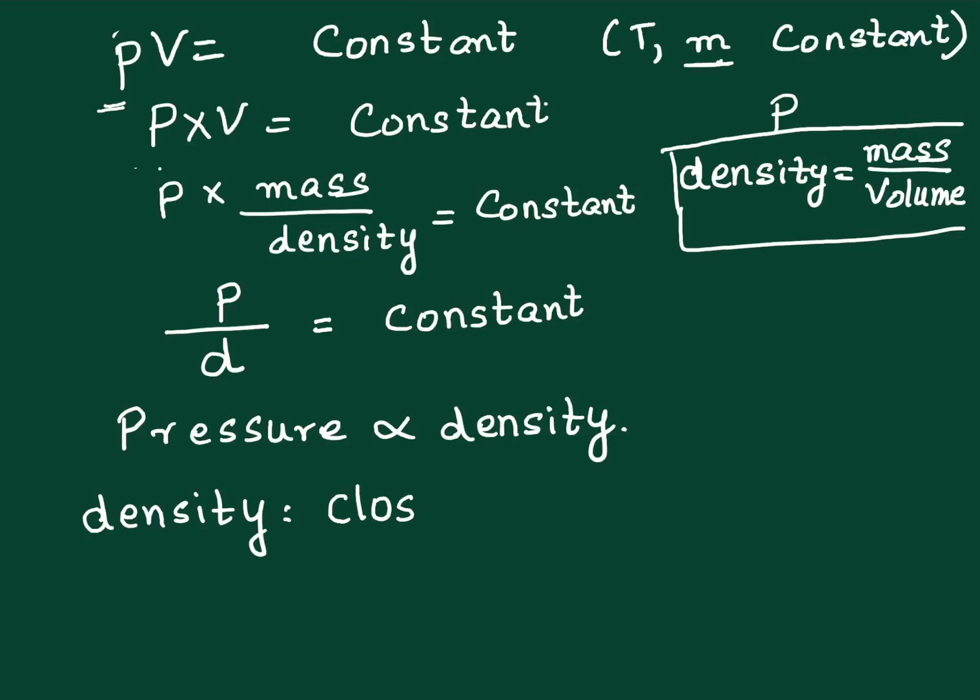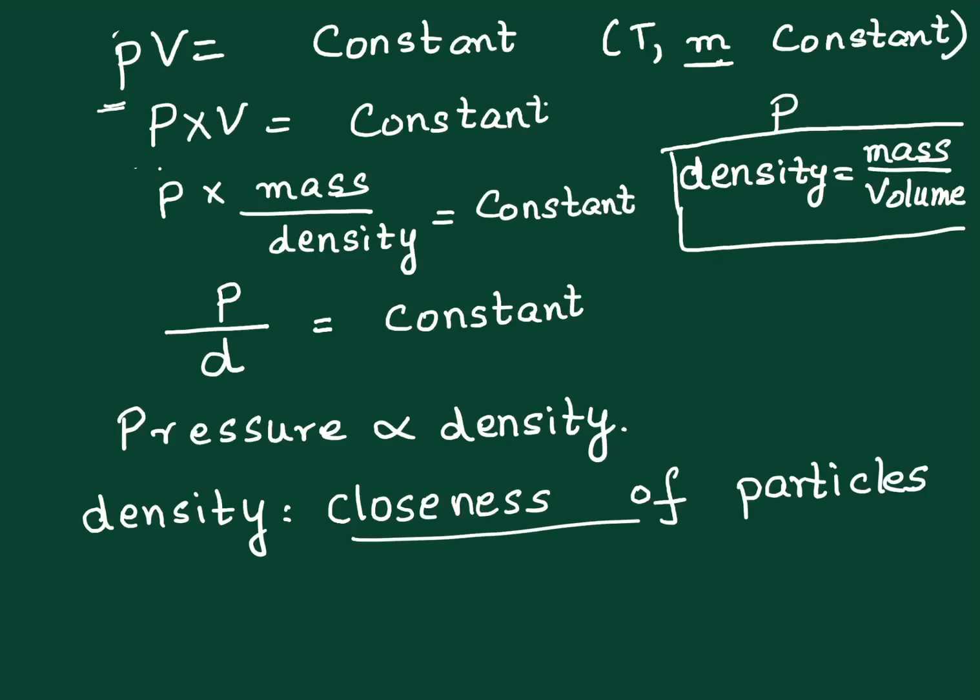Density also defines how close the particles of a medium are. Higher density means closer are the particles, right? So density is a measure of the closeness of the particles of a system.